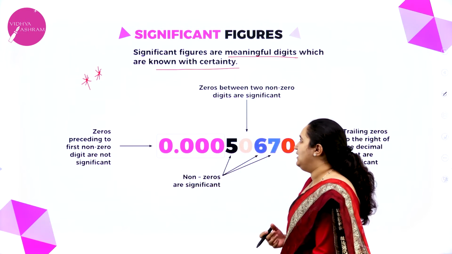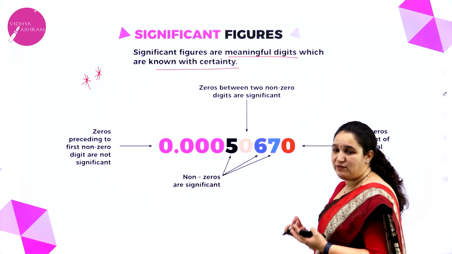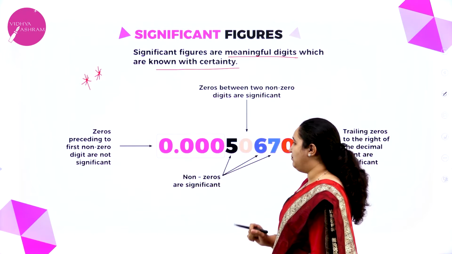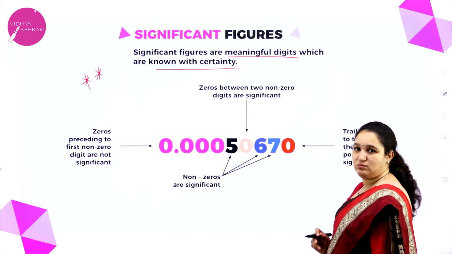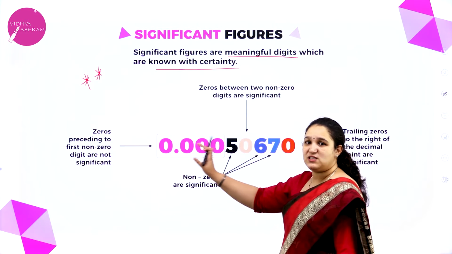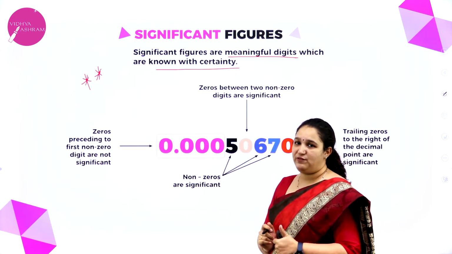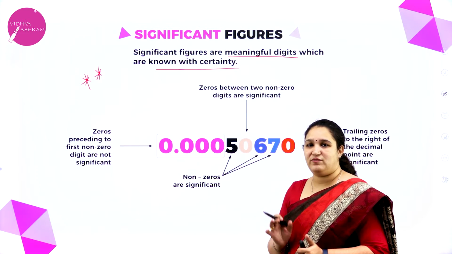So, what are the exact rules to tell the number of significant figures in a number? We will see this particular number, 0.000500670. Now, you are supposed to tell how many significant figures are there in this number. First rule for significant figures: all the non-zero digits are significant.